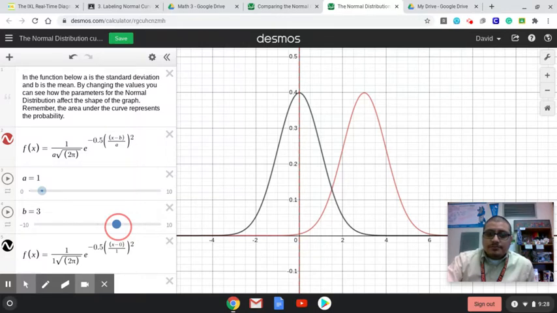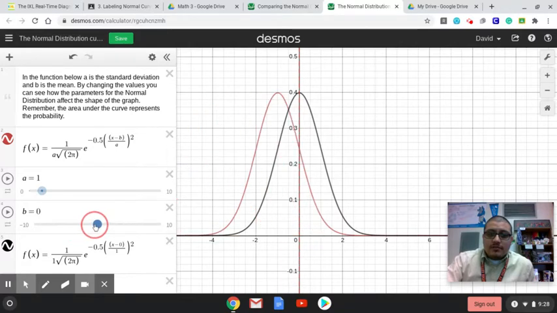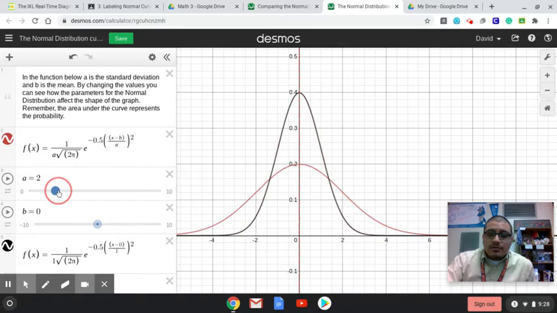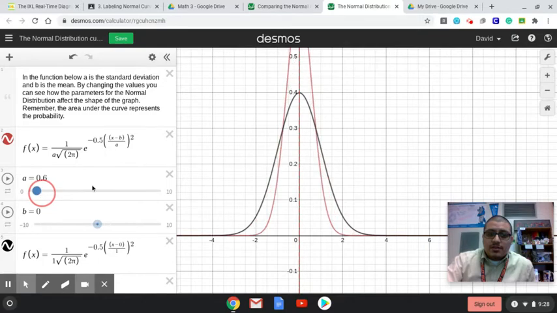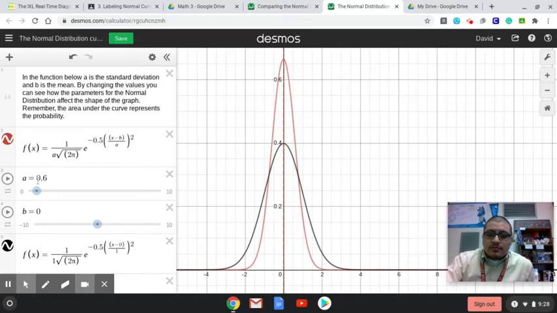And here the mean is smaller. But now here they have the same mean, but the standard deviation is greater on the red one, which means it's wider. And they have the same mean, but here the standard deviation is less on the red. The red one has a smaller standard deviation, which means that it's getting squeezed in.